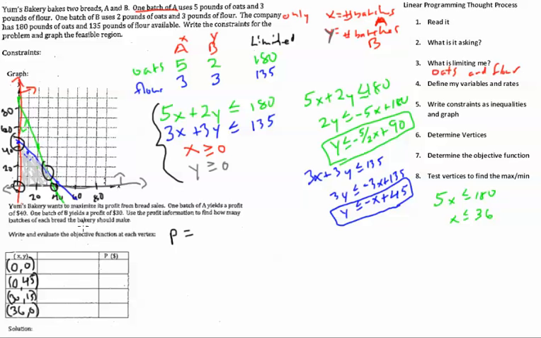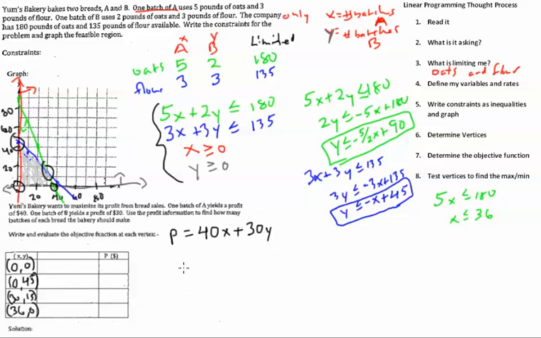For every batch of bread A, they get $40 of profit per batch. 40 is my rate. x is my number of batches. 40x is the total profit from the batches of bread A. We want to add that to the total profit for the batches of bread B. They make $30 in profit per batch of bread B. And again, I've already defined these variables. I'm using these same variables. x is the number of batches of bread A. y is the number of batches of bread B.